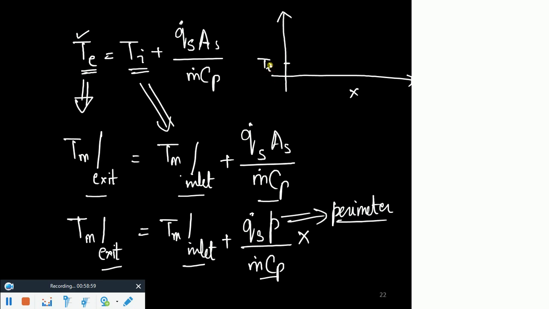So the intercept at the y-axis is Ti, and as you reach L, this value becomes Te. What is the slope?